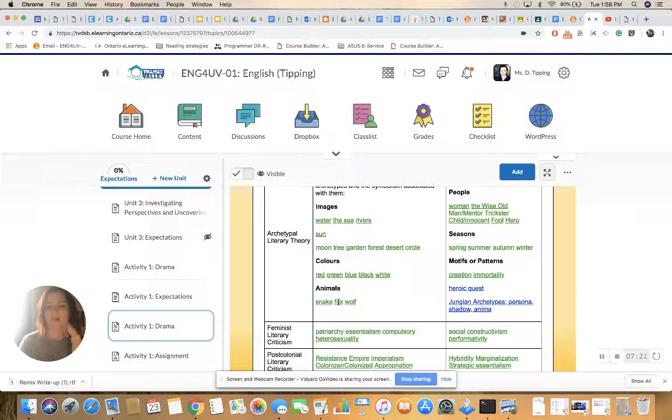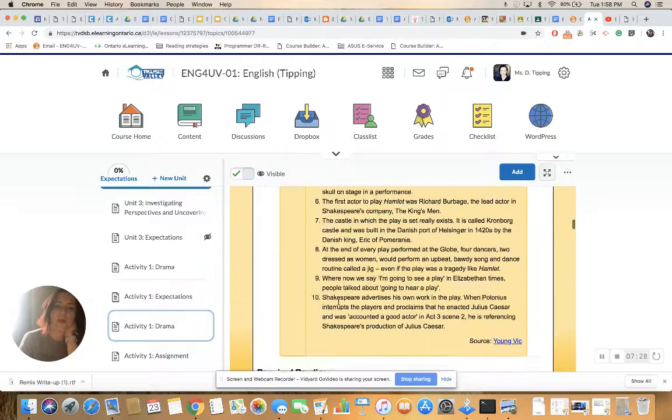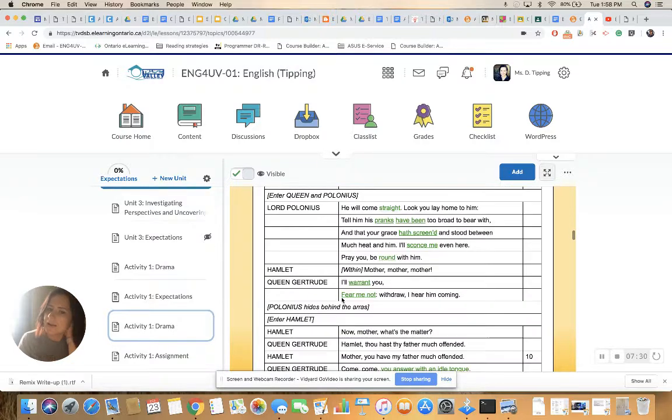But if I hover over fox, it tells me that the fox is often a trickster figure, neither good nor bad. And then same thing when you're reading Hamlet. Like if you're reading along and Polonius says, "He will come straight." Like, what does that mean? He will come straight. Hover over it. Oh, it means he's going to come immediately.